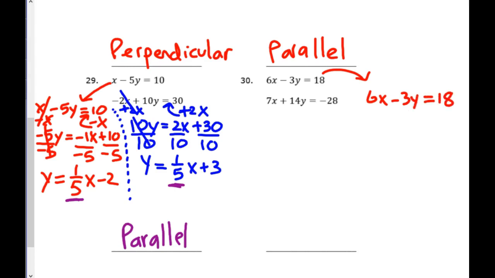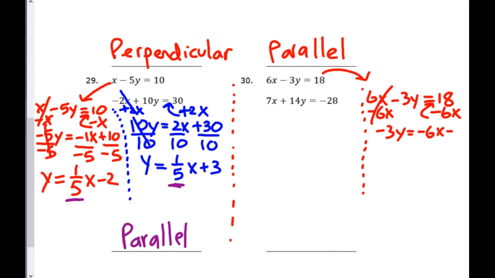So, alright, so minus 6x goes in front. Negative 3y equals negative 6x plus 18. Always divide by the coefficient. Y equals negative 6 over negative 3 is 2x. And then minus 6.